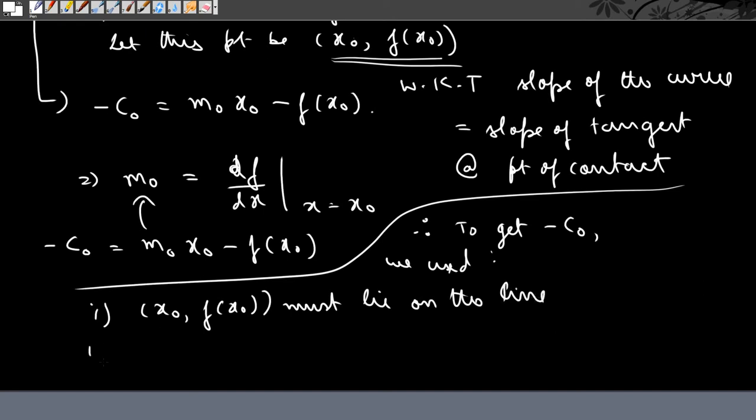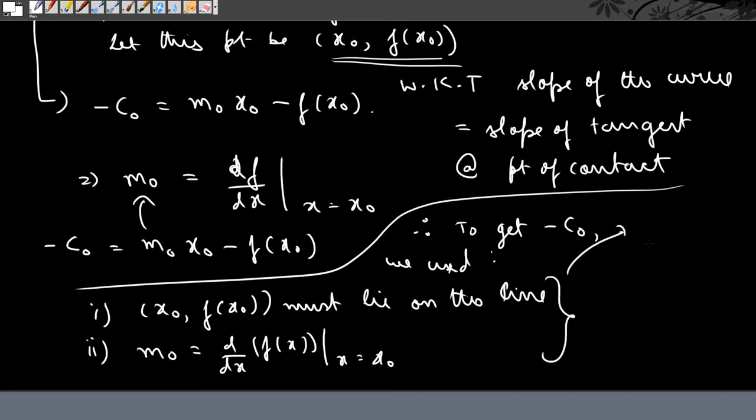Second, that m naught must be equal to d by dx of f of x at x equal to x naught. So if these are satisfied, then our tuple m naught comma minus c naught is going to be the tangent to the curve at x naught comma f of x naught.